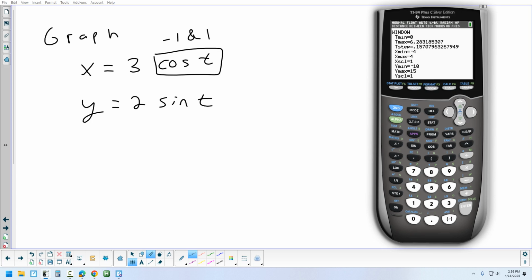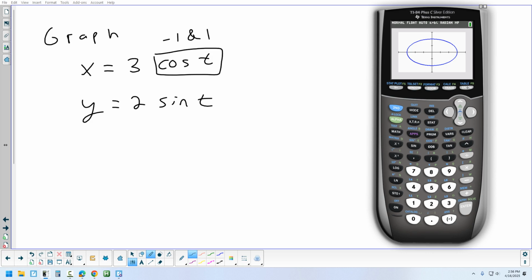So I would say for our y's, let's do -3 to 3. Okay, so we got everything set in the window. We get the equations typed in. If we hit graph, this should look pretty good. Okay, and that's the graph we get.